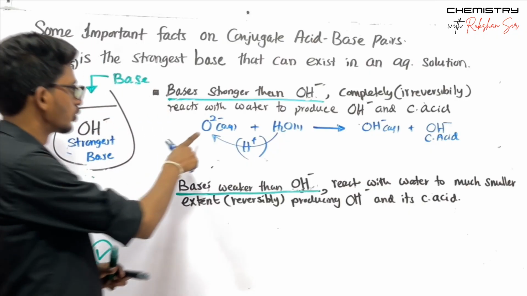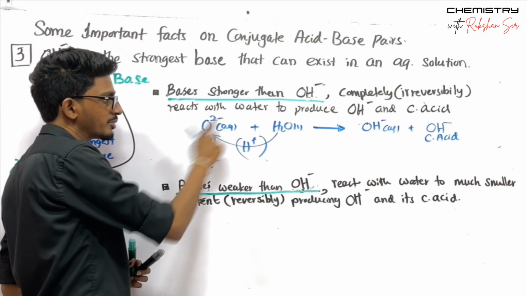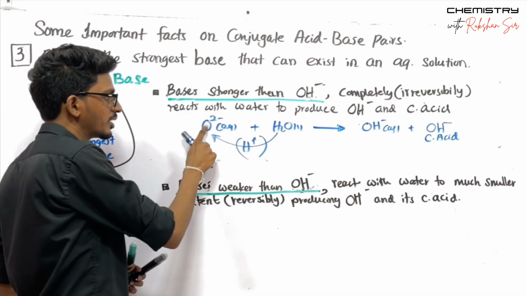The conjugate acid of O2 minus is the OH minus.